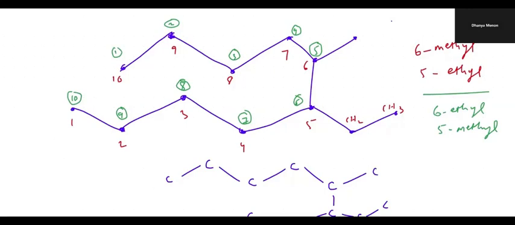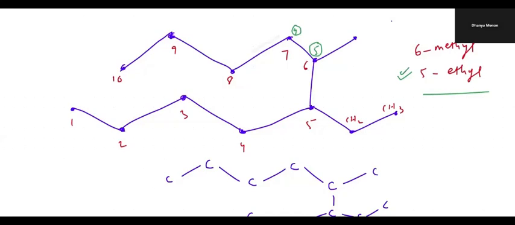Okay, so you're getting the substituents at the same numbers. Here you will go with the alphabetical order, where ethyl is getting position 5, rather than position 6, because here you will consider the alphabetical order. So you will use this numbering.